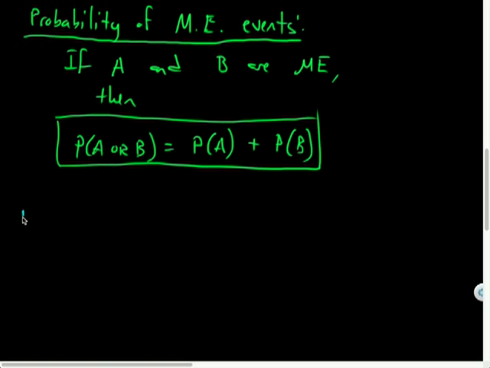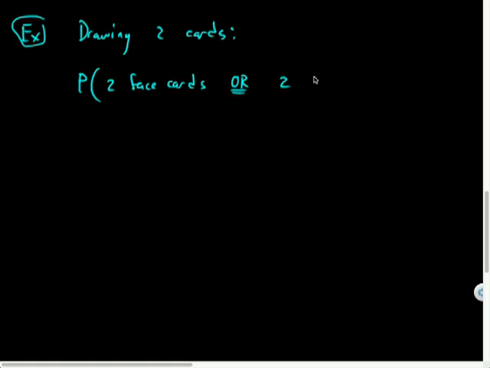So let's do an example. If I'm drawing, let's say, two cards from a deck, what is the probability of getting two face cards or getting two, let's say, tens?